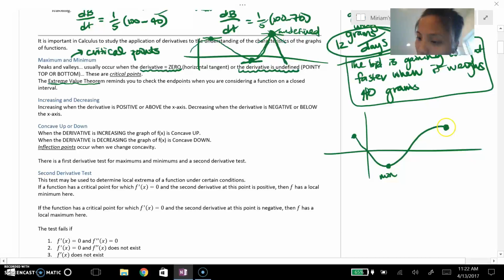But you also have to consider the endpoints, like this end could have been the max, which in this case, it looks like it could be the max. So you have to not just look at the peaks and valleys, or top and bottom, you have to look at the ends, because maybe the ends give you the minimum or maximum. So the extreme value theorem says check endpoints.